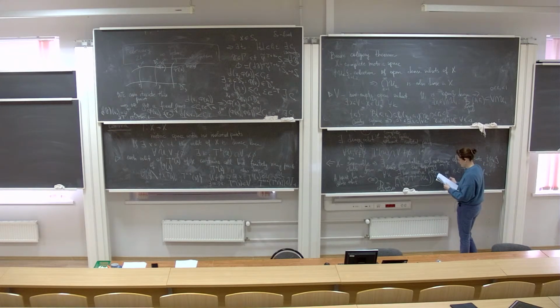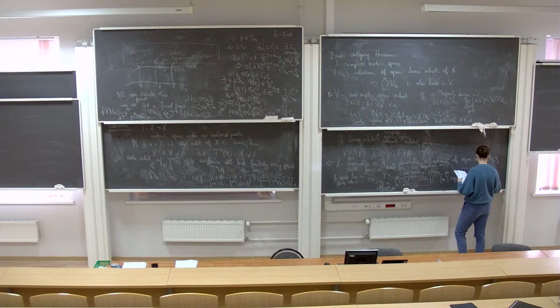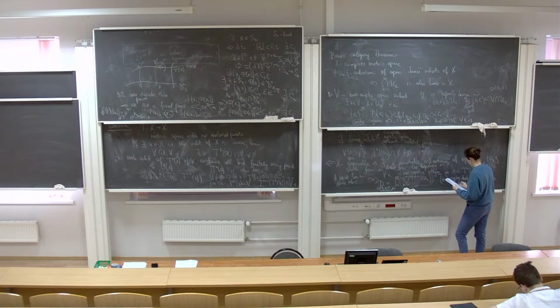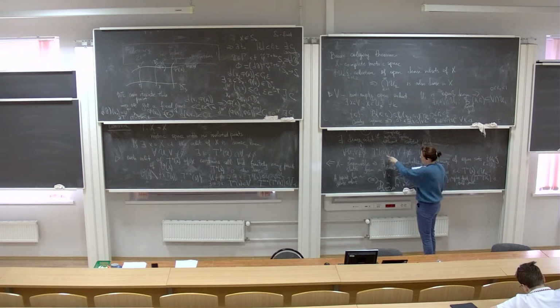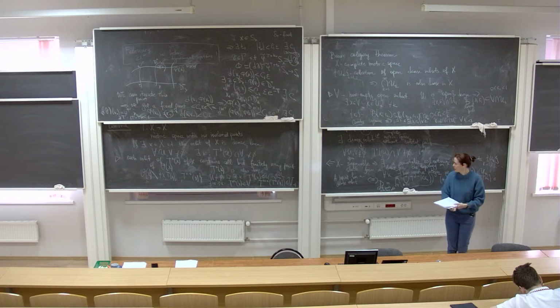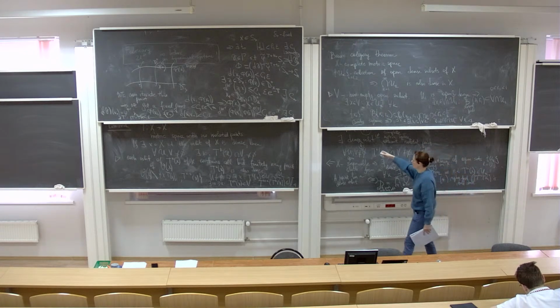So I claim that this implies that this union is itself dense. Because for any two open parts, so it means that including if we take UKs as U and V. So let me add here that I want T to be continuous.